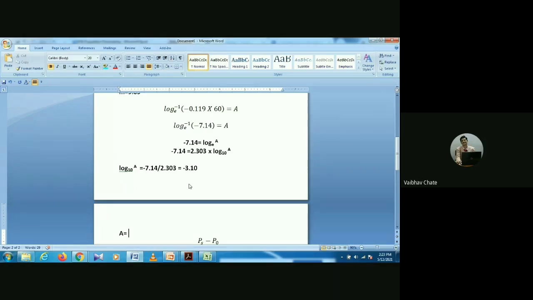After taking the anti-log, please check how much you will get.